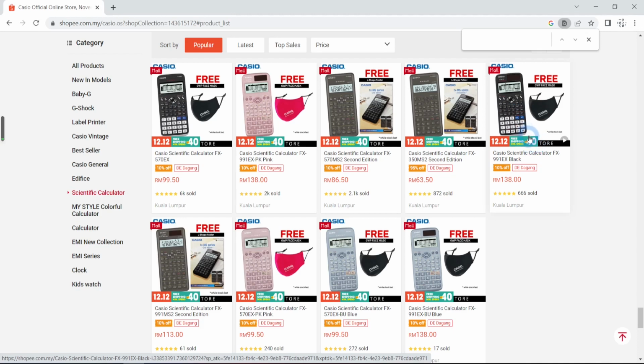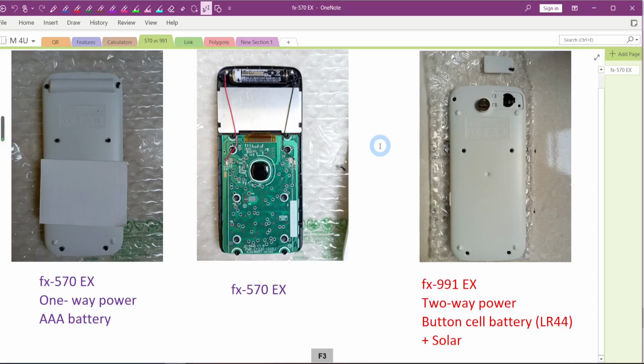There are 3 colors available also for this model: black, blue, and pink. Let me show you some other differences between these 2 calculators. For FX570EX, this is one-way power, you can only use battery. The battery used is AAA battery. If you want to replace the battery, you need to take out 6 screws. 1, 2, 3, 4, 5, 6.